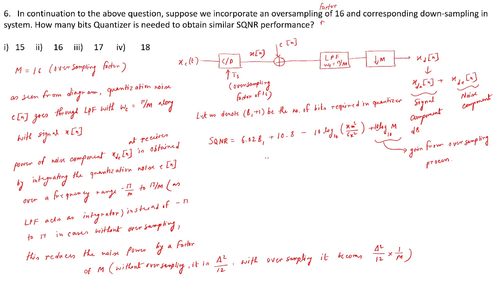process, but your SQNR remains the same. So it's not about gain in SQNR, but for the same SQNR of 1.109, we are going to have a lesser b1 value, because now we have this non-zero gain term that comes from the oversampling process.